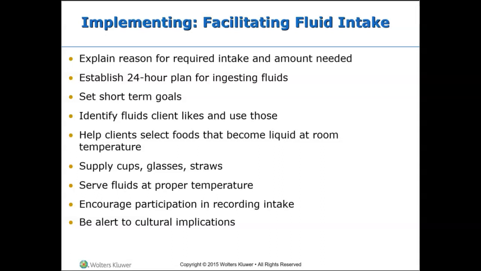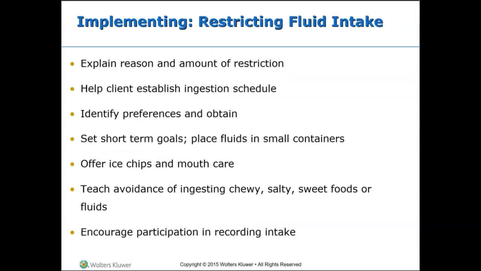And also find out if they like ice or no ice in their drinks, right? Because that can make a big difference for patients wanting to drink more. Also, again, make sure that any fluids that you are encouraging complement the patient's cultural preferences, religious preferences, and beliefs, right?